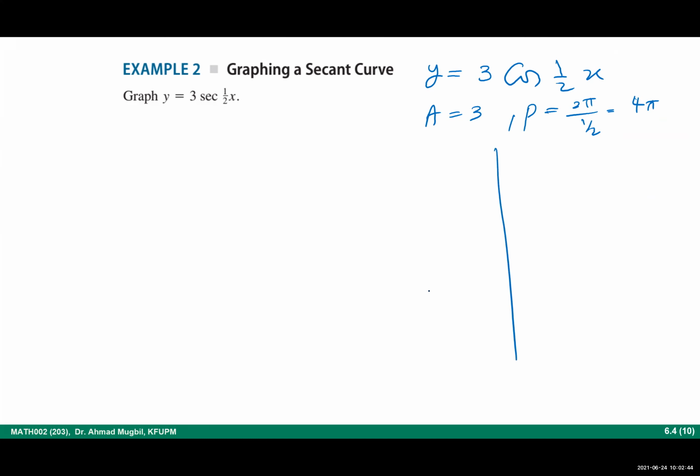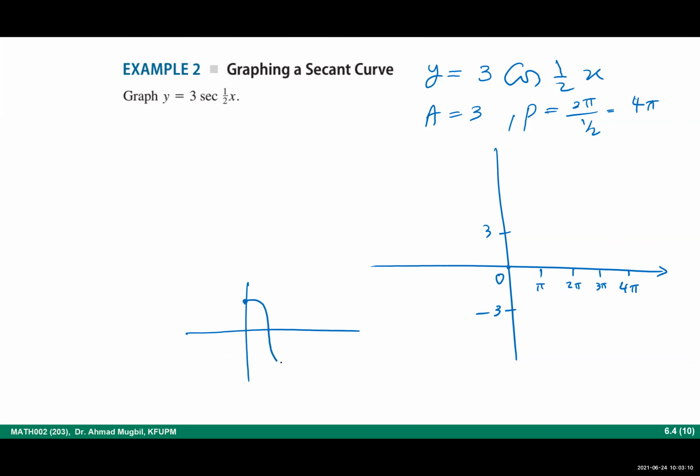We will sketch the graph from 0 to 4 pi. The midpoint here is 2 pi. Here it is pi. Here is 3 pi. The maximum is 3. The minimum is negative 3. This is the graph of cosine without reflection. Do you remember how it looks?